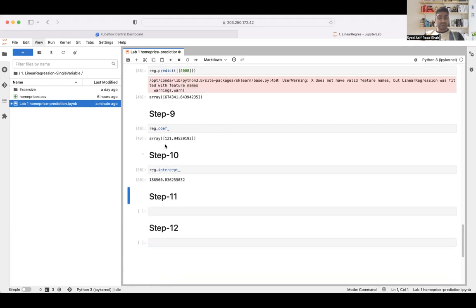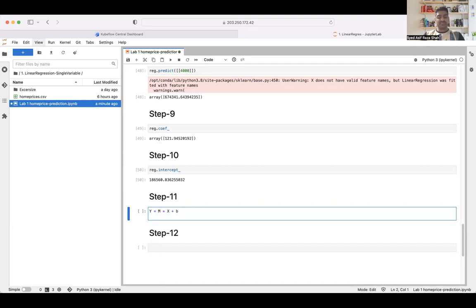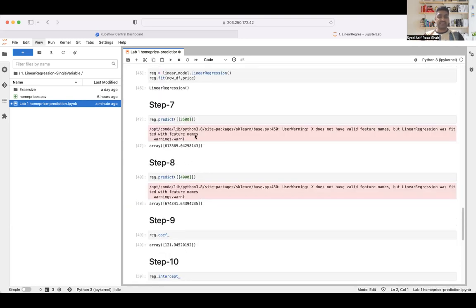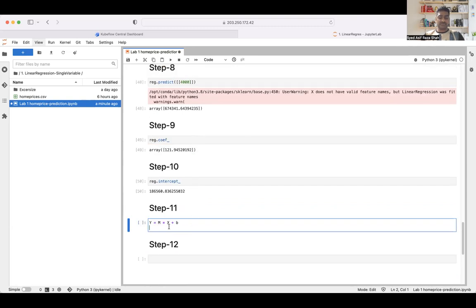So what is the formula that we were discussing? Y is equal to m, meaning our coefficient, times x, or area, you can say, plus b. So this is the formula. So how can we write it if we want to predict the previous 3,500 area?